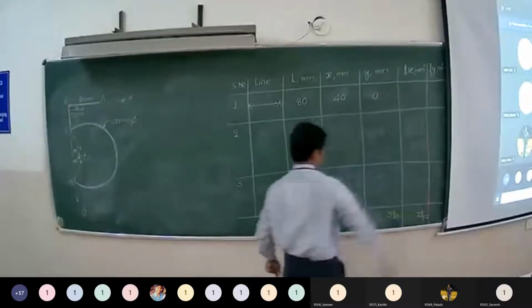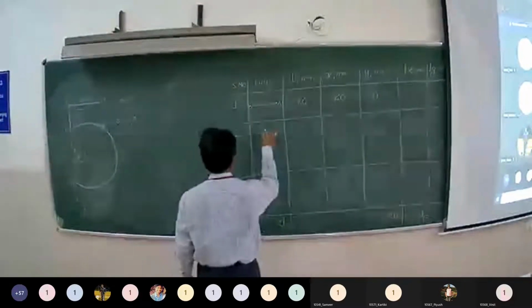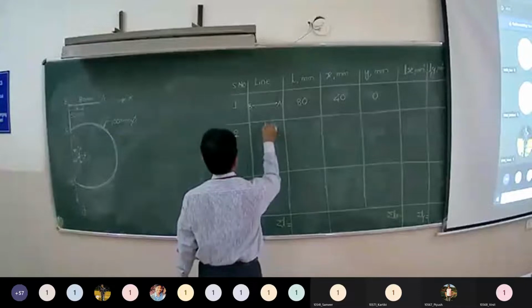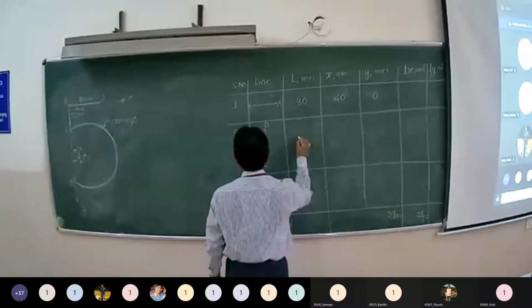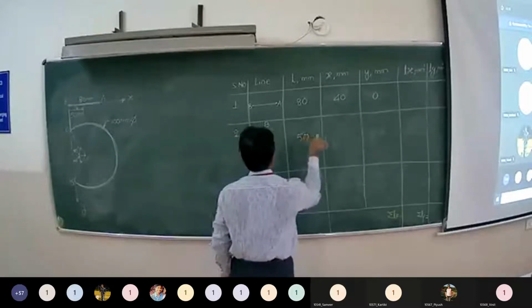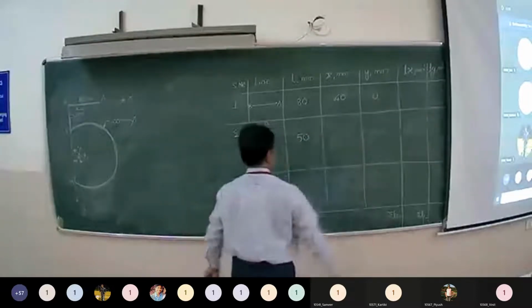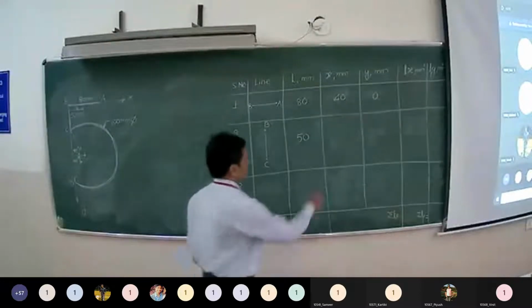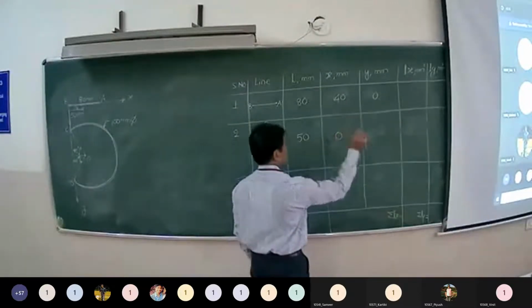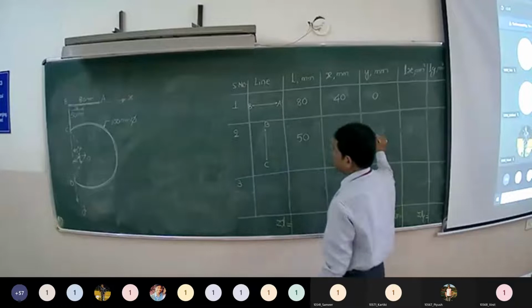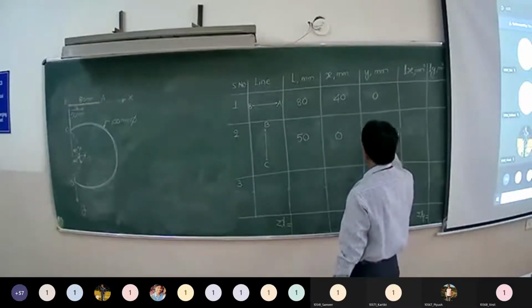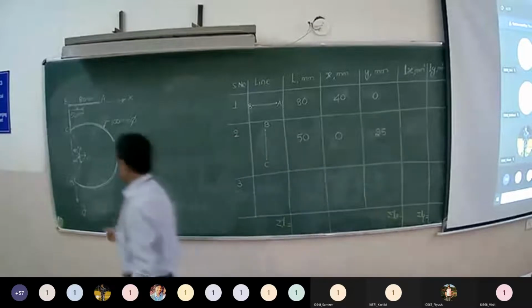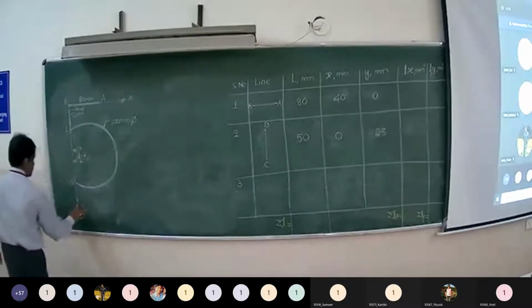Line BC. What is the length? 50 mm. X is 0. Centroid is located on x. Y is 25. I am taking this as positive y-axis.